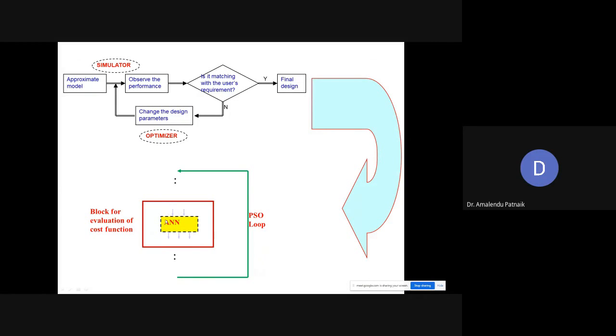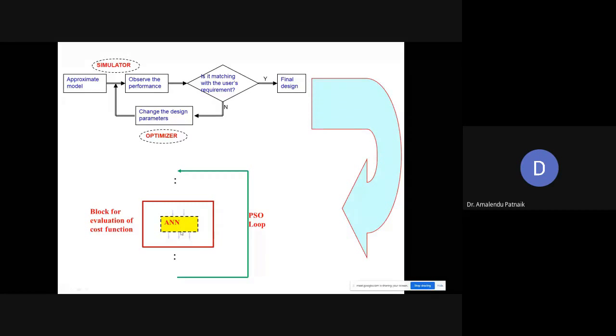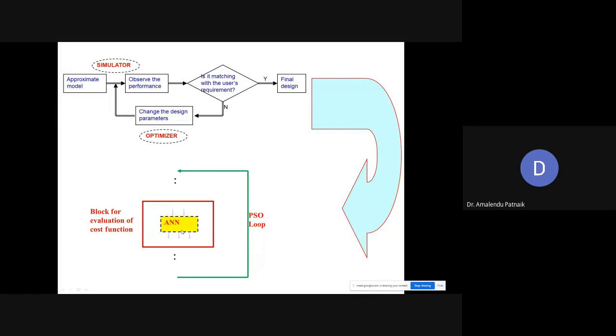Now here the ANN, as we have studied, can solve two different types of problems: some function mapping type of problem and the classification type of problem. So here the role of the ANN is to play that function mapper, solving that function mapping type of problem.